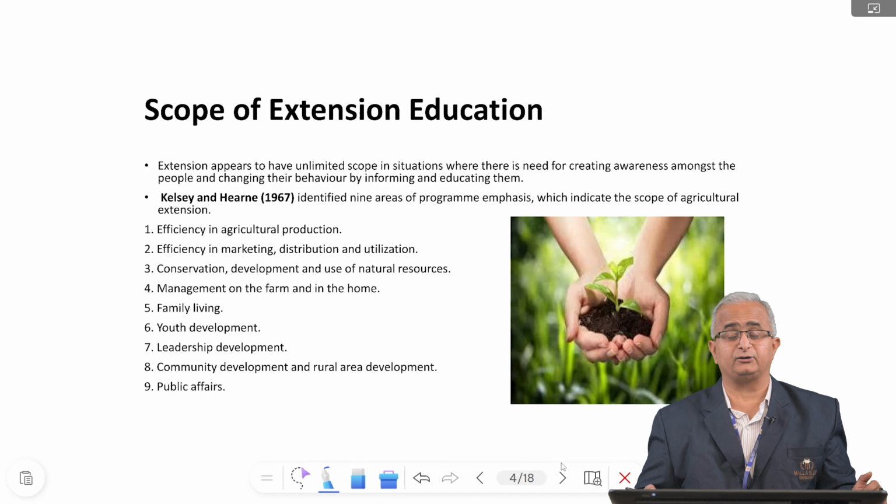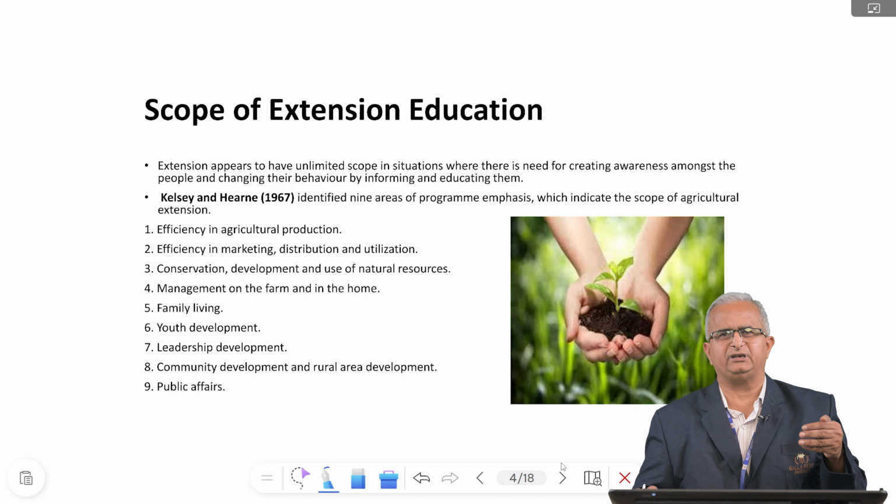And if we see the scope of extension education, the subject matter of extension education, Kelsey and Hearne have identified 9 different areas in the scope of agricultural extension. The first one is efficiency in agricultural production.